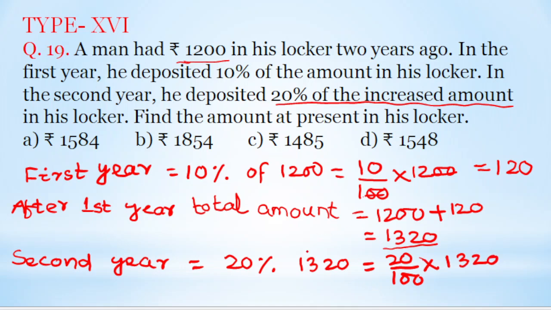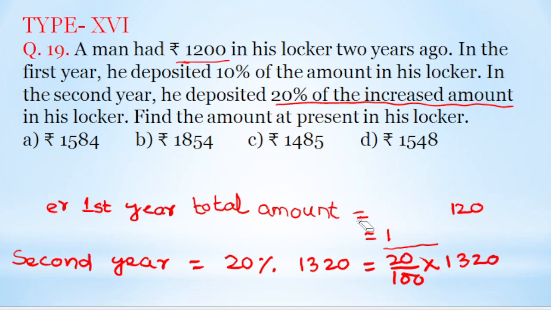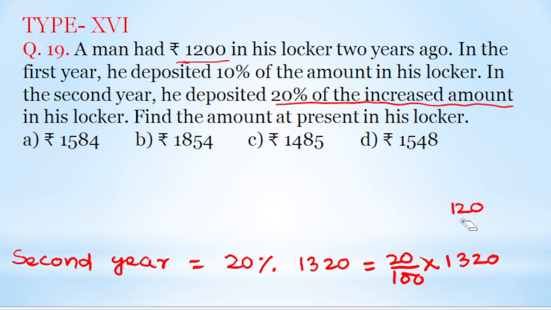Now this 0 cancels this 0 and this 0 cancels this 0. So 2 into 132, so that is equal to 264.